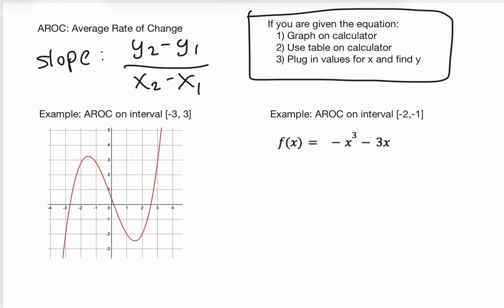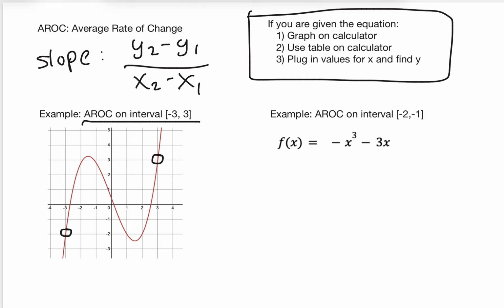So the graph is already provided for us, and it says to find the average rate of change on the interval -3 to 3. So again, I want you to remember that those numbers, the -3 and the 3, they're both x values. So if we go to -3 and find where that is on our graph, that's that point right there. And if I go to +3, it's that point right there.